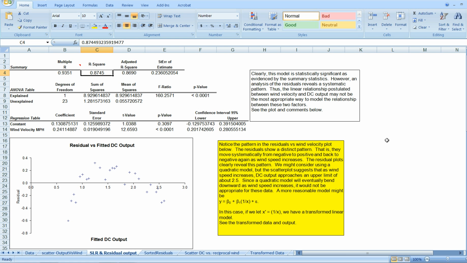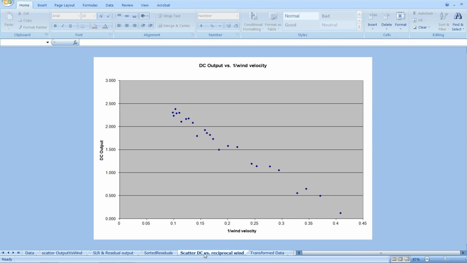So I'm going to take 1 over the wind velocity. I'm going to transform my predictor variable, and instead of using wind velocity, I'm going to use 1 over wind velocity. And when I look at a scatter plot of DC output versus 1 over wind velocity, you notice that that certainly looks like it might be modeled reasonably well using a straight line.